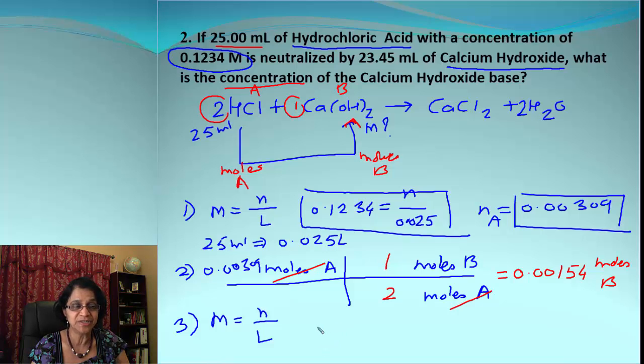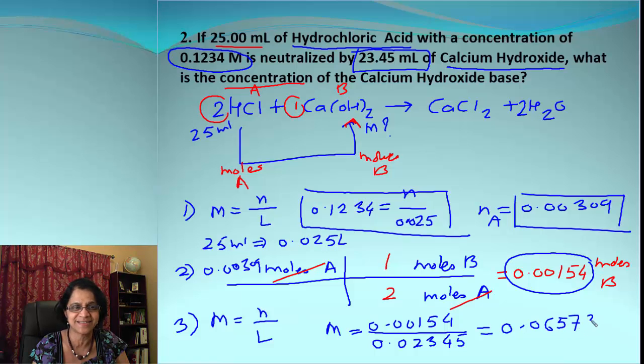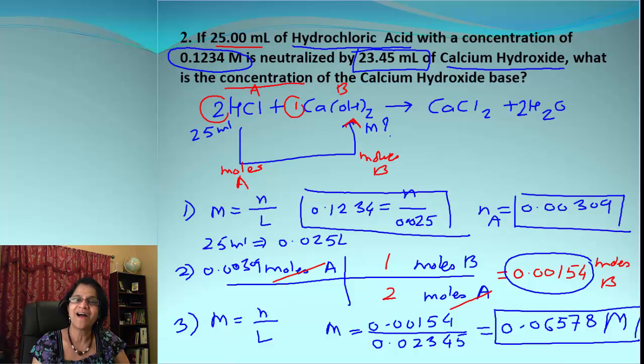The molarity is something we need to calculate here, but we know the number of moles for B, which is 0.00154, and we also know the volume, which is 23.45 milliliters, and if we convert that into liters, that comes to 0.02345. When we solve that, the answer which we get is 0.06578. That is the final molarity of calcium hydroxide.